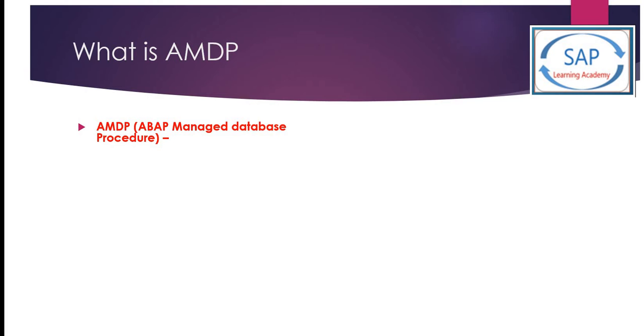AMDP started when SAP HANA was introduced, because SAP HANA provides the functionality or features of column-based tables, because column-based tables have a greater functionality of reading the data. So that's how this concept of AMDP started.